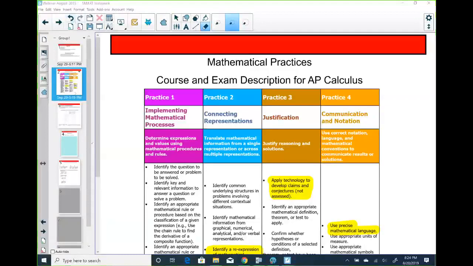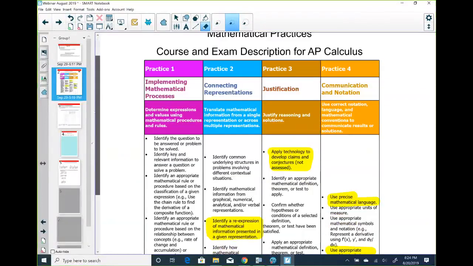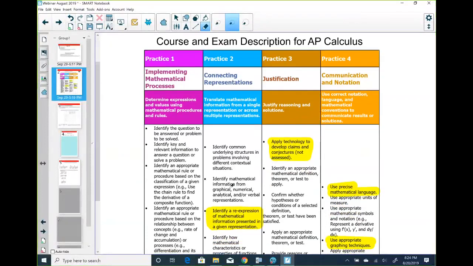Okay. All right. So the mathematical practices that I'm going to be covering, Dennis has gone through them in detail. So basically, I'm going to be doing skill 2.C, identifying a re-expression of mathematical information presented in a given representation, as well as this justification, skill 3.1, applying technology to develop claims and conjectures.